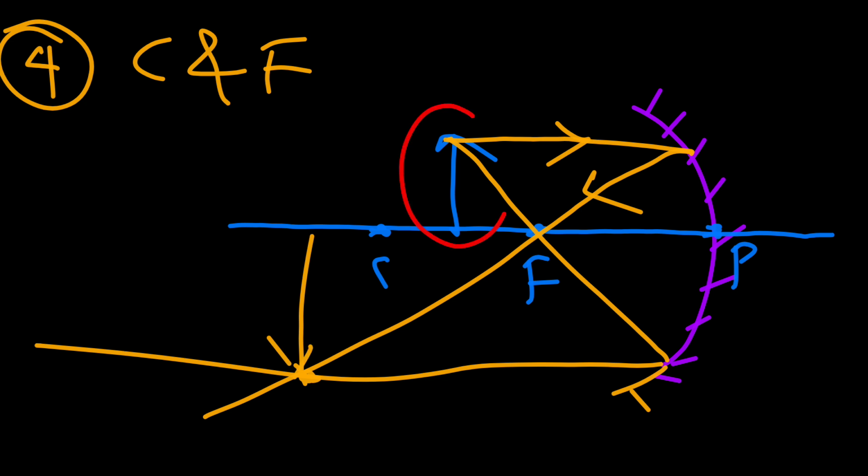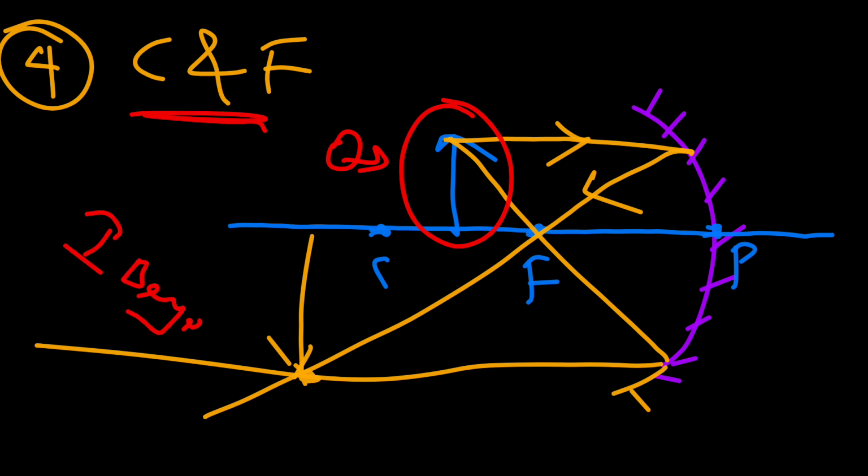Now look, object is between C and F. What about the image? Image is at beyond C. It is at beyond C. Now, what about the size of the image? Size is a little bit enlarged, right? Size is enlarged.